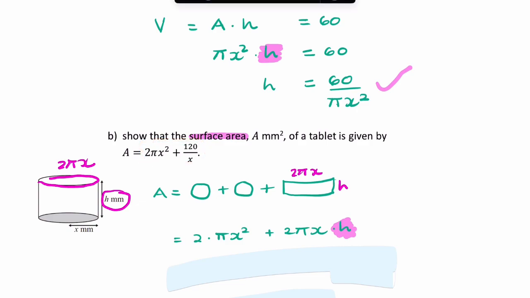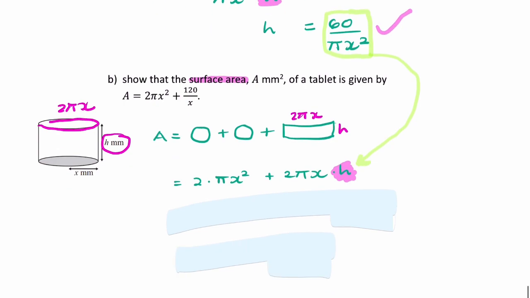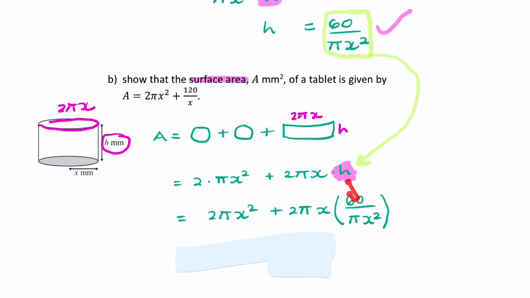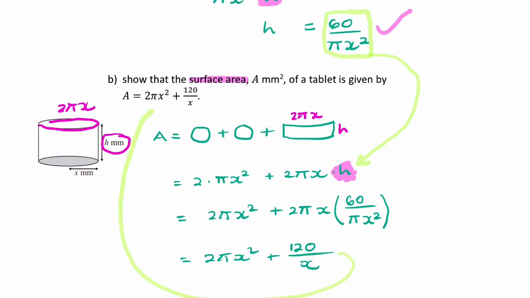So what I think they are suggesting you do is use the expression you found earlier and replace that, so that you have an expression with only x in it. So this is your h. Now pi cancels with pi, this squared cancels with x, 2 times 60 is 120, and that will give you the expression that they're asking for. So that's your answer for part B.